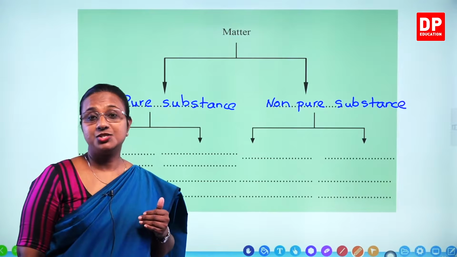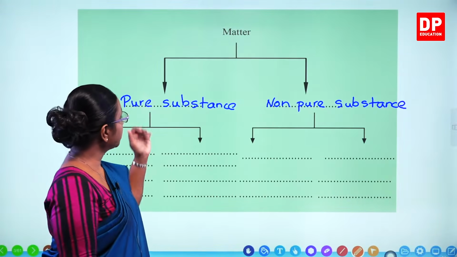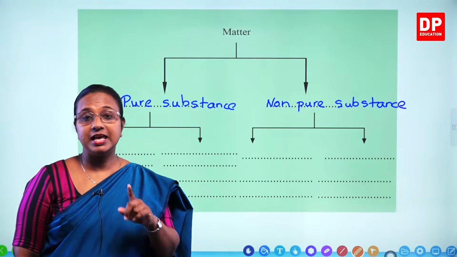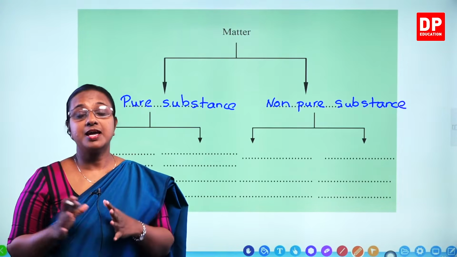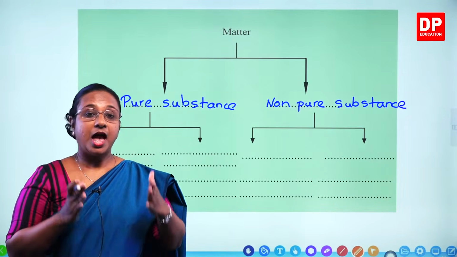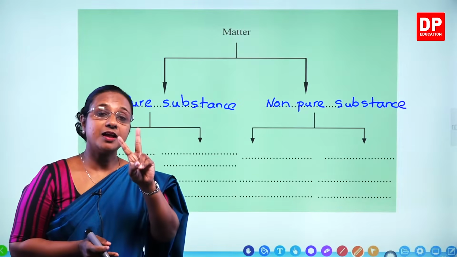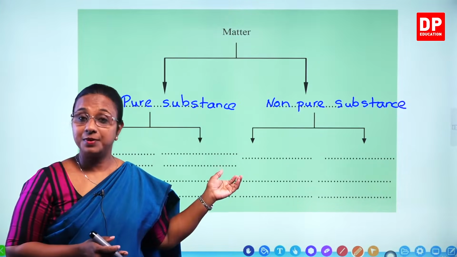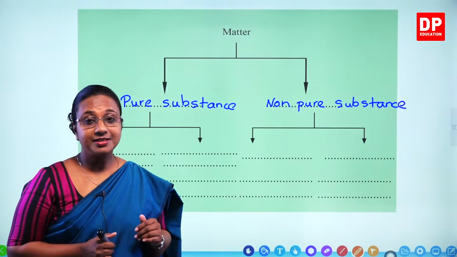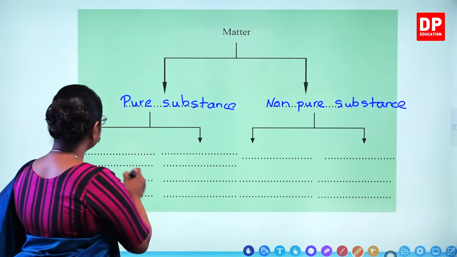How do we differentiate them? Pure substances contain only one type of matter. And because of that, there are two main types of pure substances. What are they? The elements.